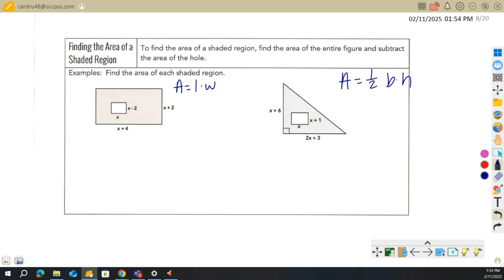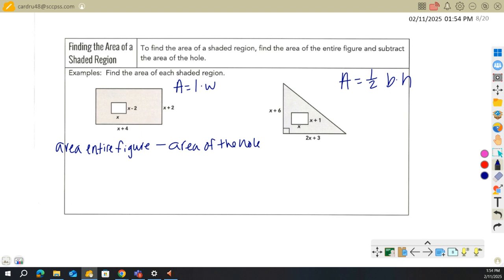First, I've got to find the area of the entire figure. And then we're going to subtract the area of the hole. Okay? So this is sort of combining what we did today with what we did last class.